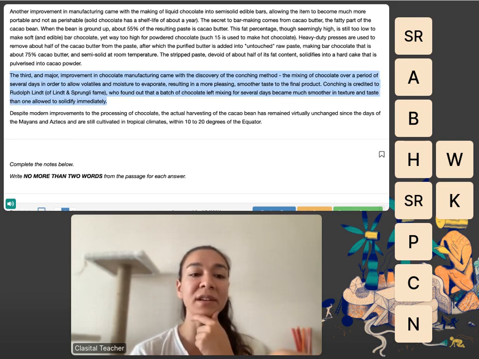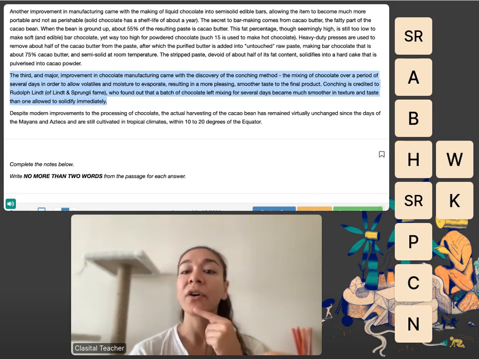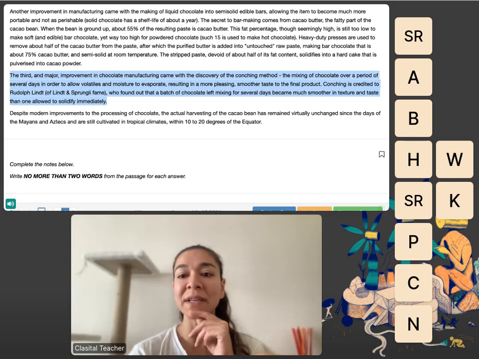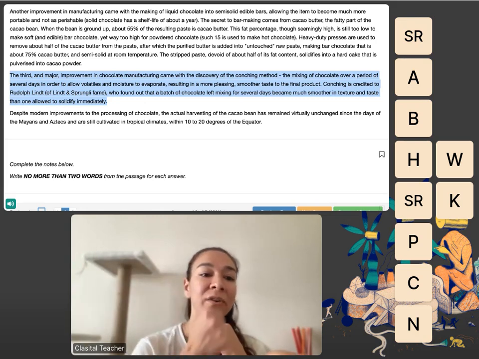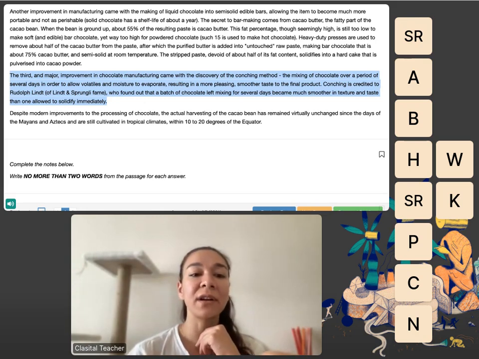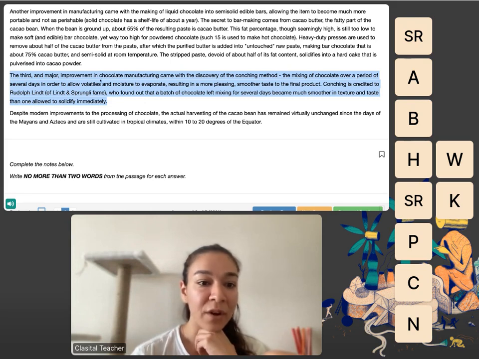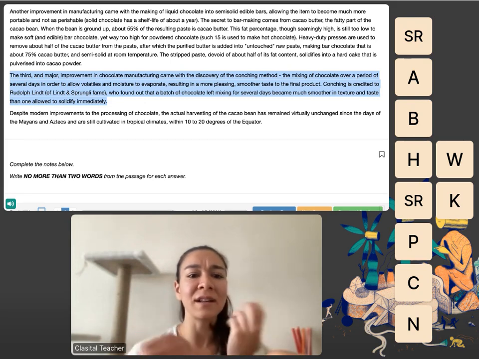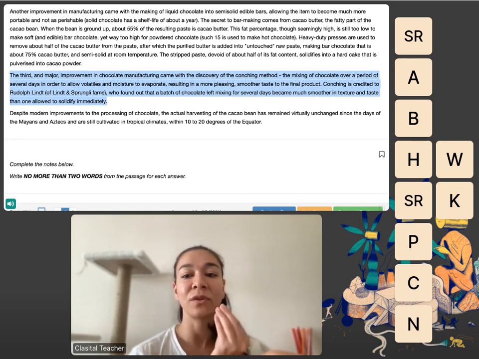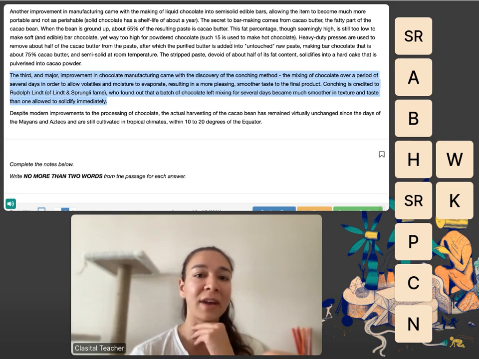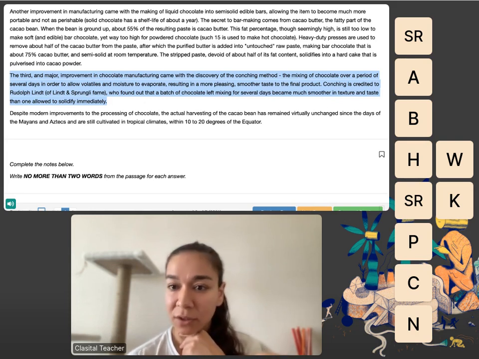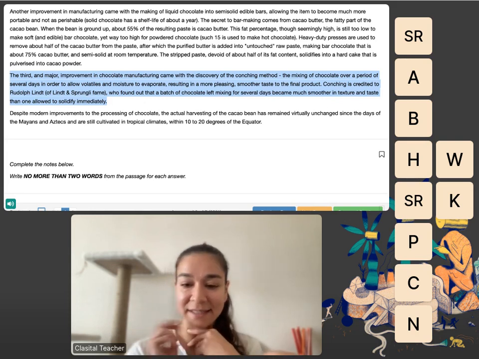The third and the major improvement in chocolate manufacturing came with the discovery of the conching method, the mixing of chocolate over a period of several days in order to allow volatiles and moisture to evaporate, resulting in a more pleasing, smoother taste to the final product. Okay, what do you think about question 6?